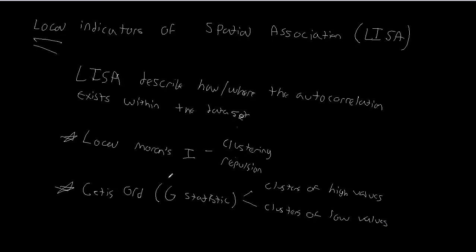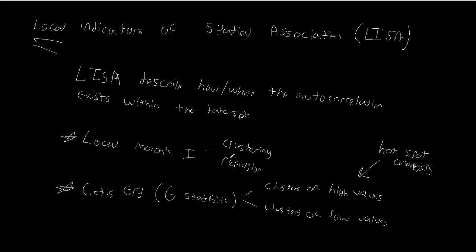Right, this G statistic, this is often what you will see when you hear people talk about hotspot analysis. Hotspot analysis is typically done with Getis-Ord. But local Moran's I is another useful local measure of spatial association.